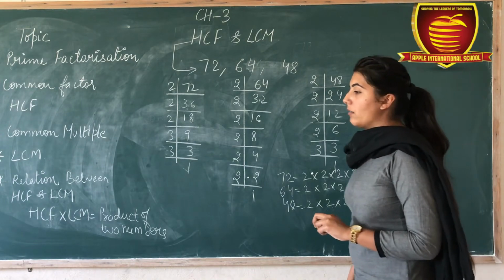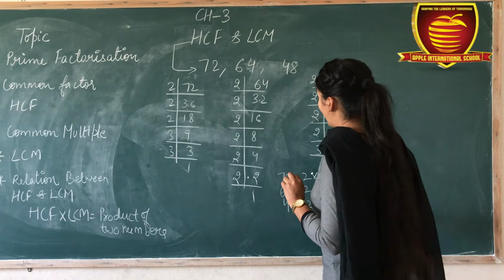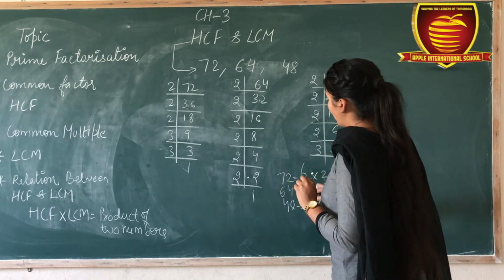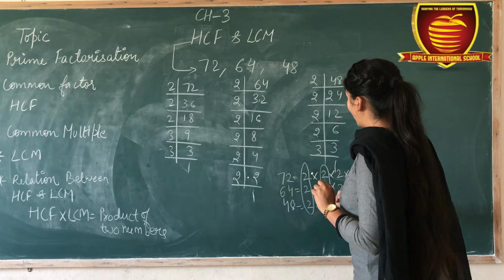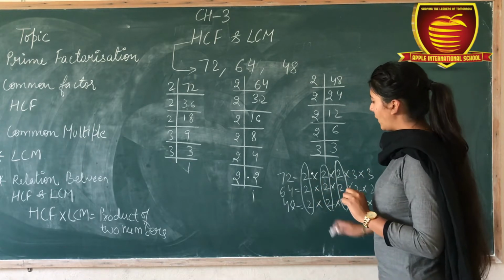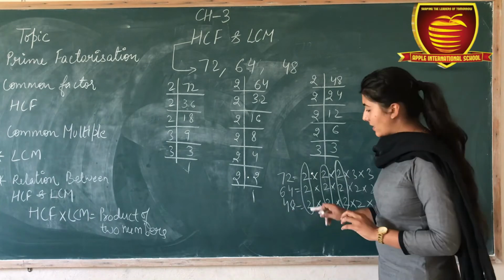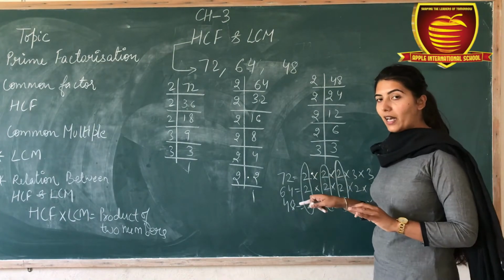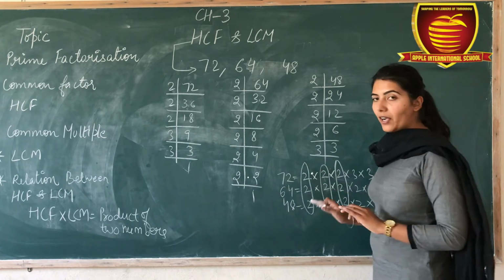Now we have to find out the highest common factor. Now circle the common factors: 2, 2, 2. We had to find the highest common factor of all three, so whichever numbers we circle must appear in all three: 72, 64 and 48.